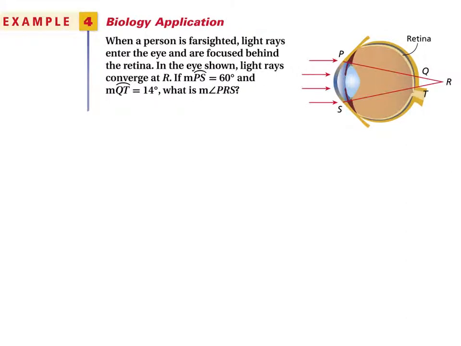So in this problem, example 4, it says that when a person is farsighted, light rays enter the eye and are focused behind the retina. In the eye shown, light rays converge at R. If the measure of arc PS is 60 degrees, and QT is 14 degrees, what's the measure of angle R?